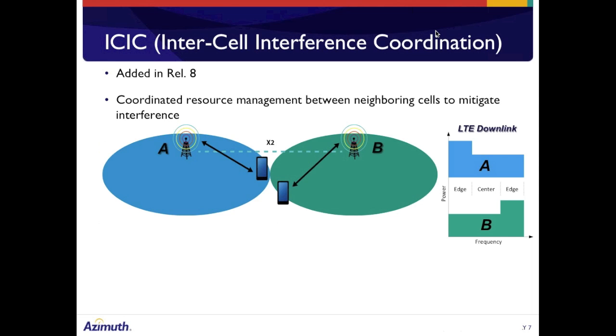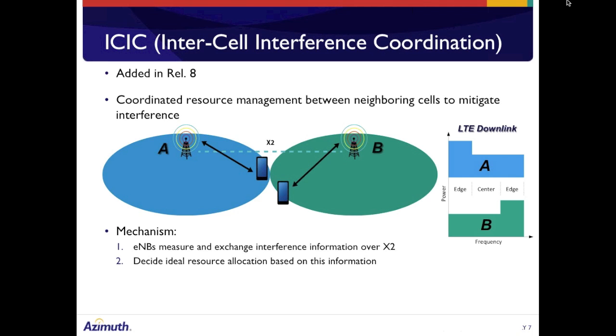So let's talk a bit about ICIC. This is the first interference mitigation that was defined for LTE. It was developed for regular macro deployments. The user devices provide interference measurement reports, and the network decides how to allocate power in various parts of the LTE spectrum.